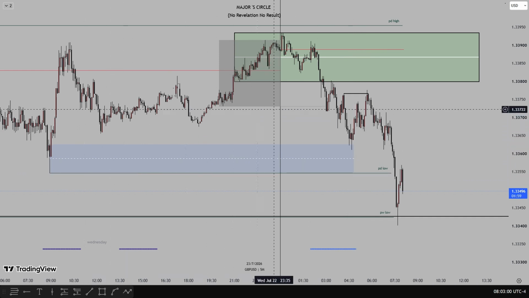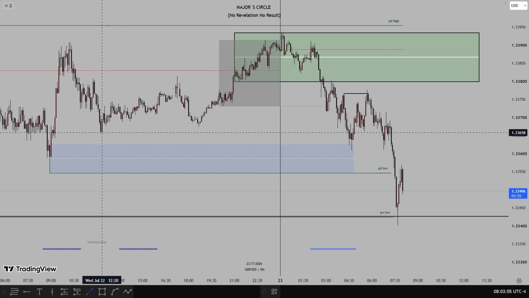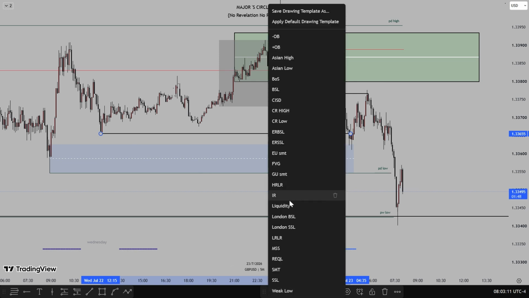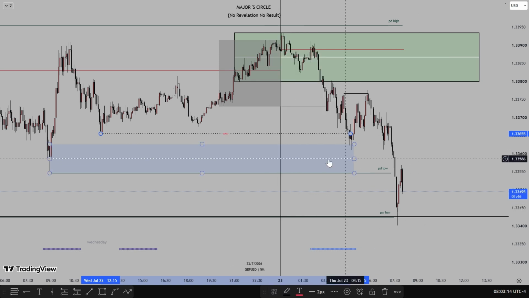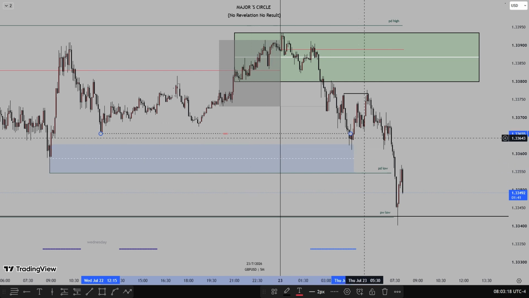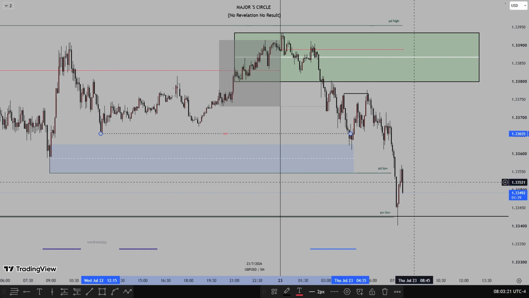So looking at what unfolded, we can see that we had these pools of sell side liquidity. That one would have been a good reason for somebody to go long. But the only problem is that the order flow of the market is currently showing us that we are to go lower.